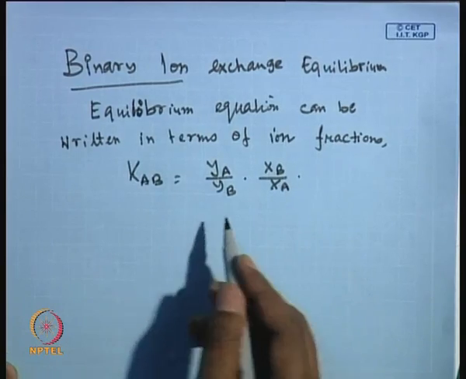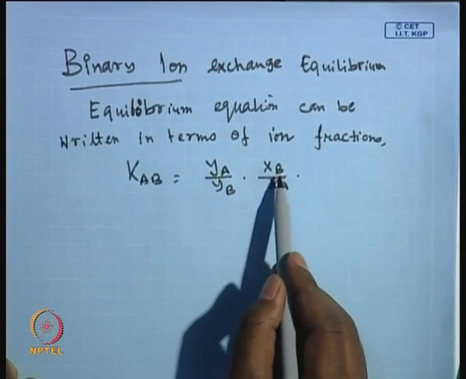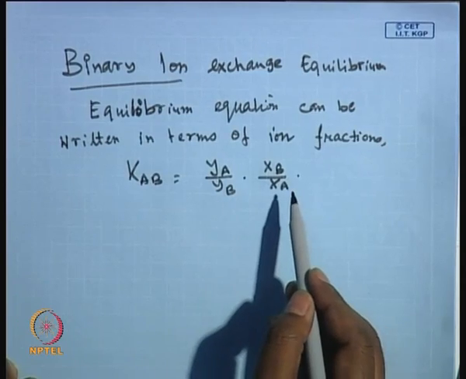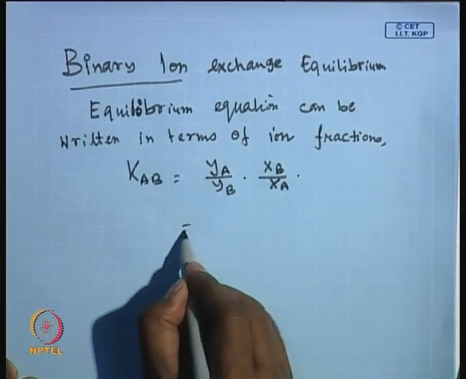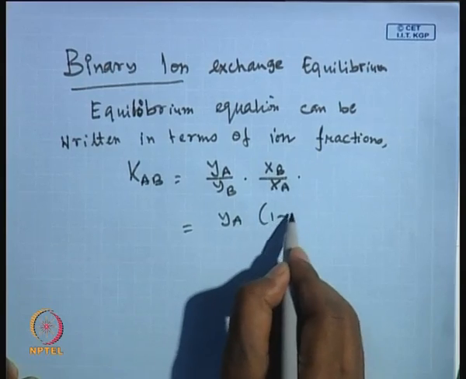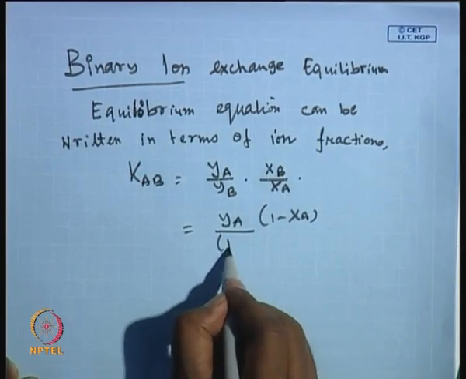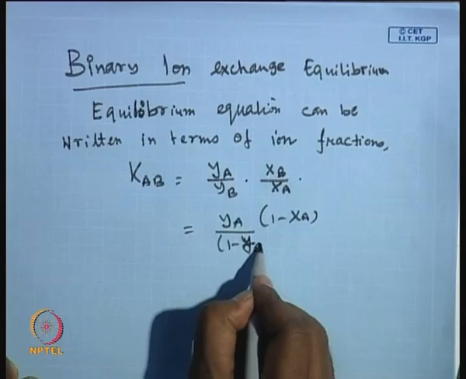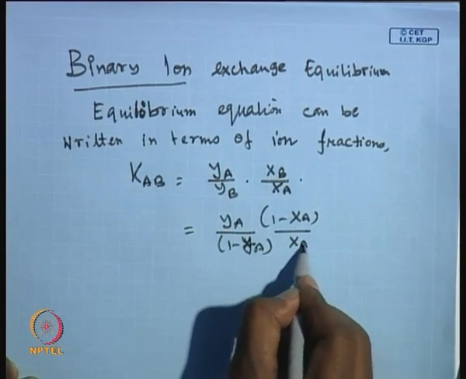Okay. And you can change the X_B and Y_B in favor of Y_A and X_A by simply writing 1 minus X_A, and 1 minus Y_A multiplied by X_A.